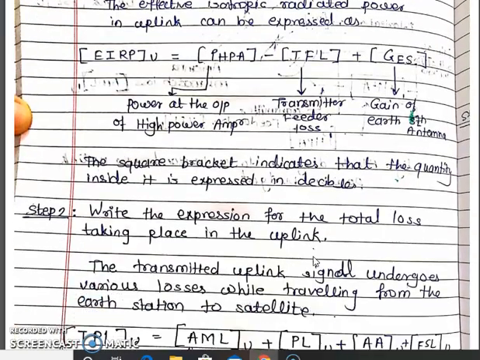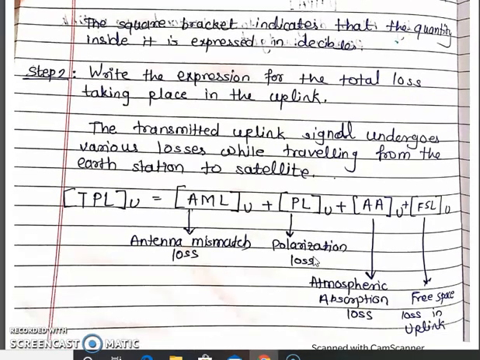Step 2: write the expression for the total loss taking place in the uplink. The transmitted uplink signal undergoes various losses. The TPL, transmitted path loss, is the antenna misalignment loss, plus polarization loss, plus atmospheric absorption loss, plus free space loss in the uplink.